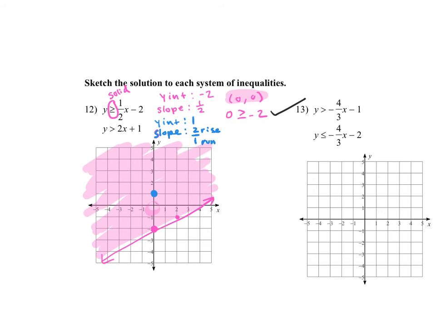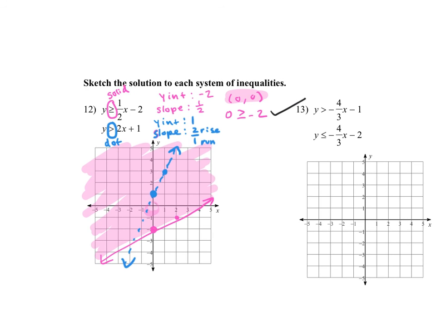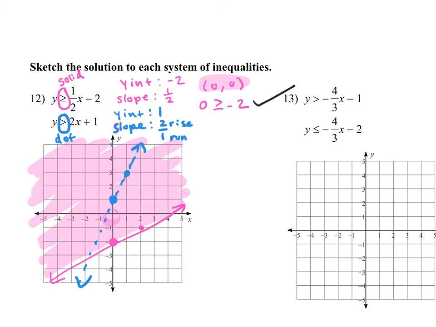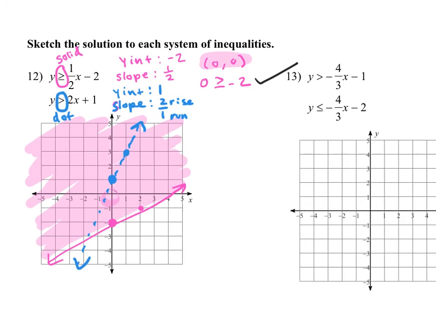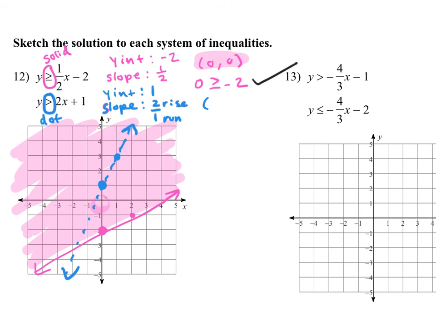Our rise is 2, so we go up 2, to the right 1, put a dot there. Do we connect these two dots with a solid line or dotted line? A dotted line. What do we do next? Plug in 0, 0.